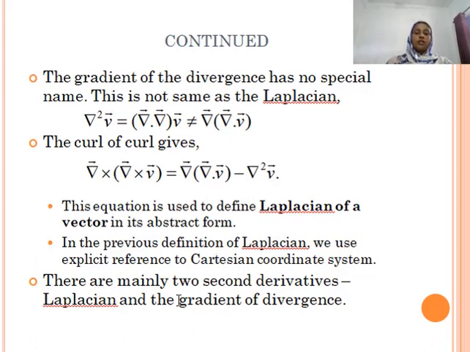Now we learned about 5 species of second derivatives, but you can see that there are actually only two second derivatives. What are they? Laplacian and the gradient of the divergence. Then you can find out curl of a curl of a vector function using these two, Laplacian and gradient of divergence. All others are 0. Curl of gradient is 0, divergence of curl is also 0.